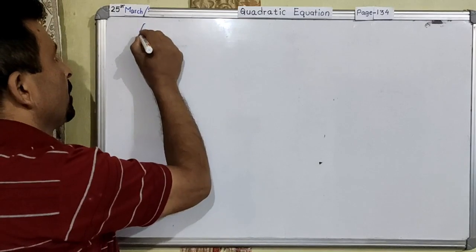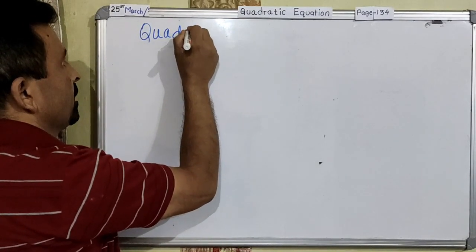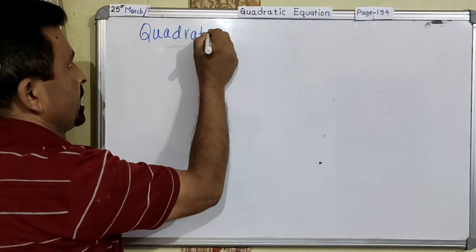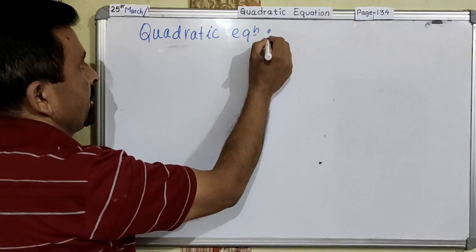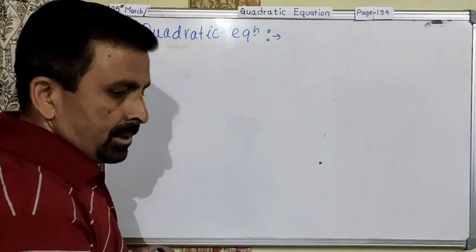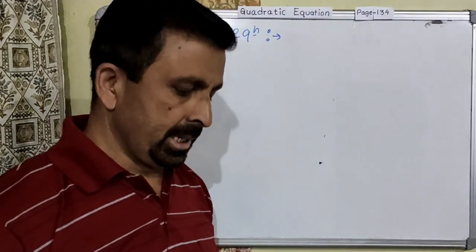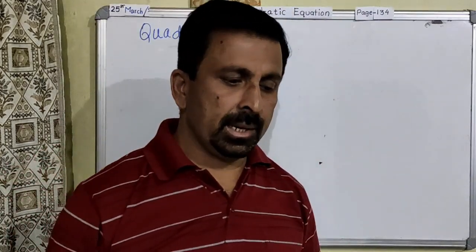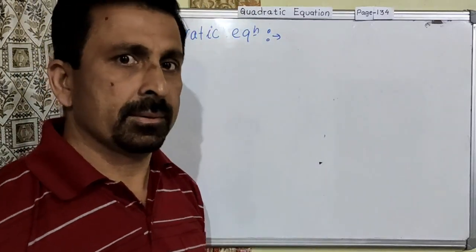Quadratic equation is an algebraic equation in degree 2. Any algebraic equation in degree 2 is called a quadratic equation, right?